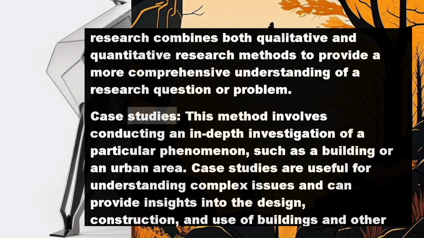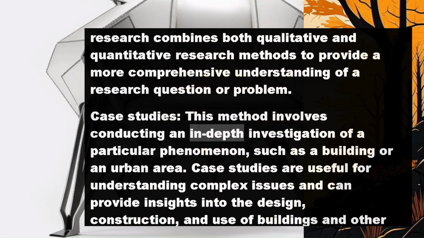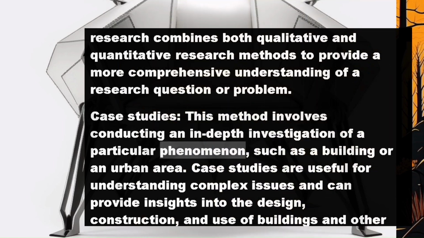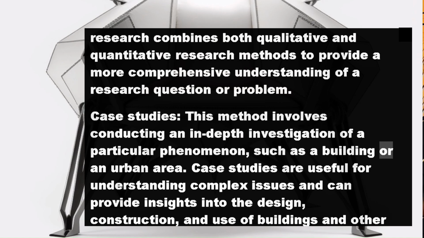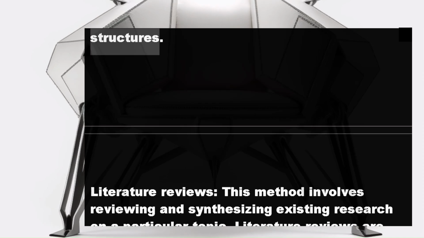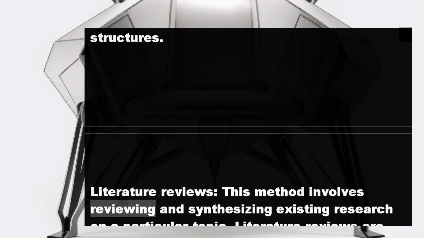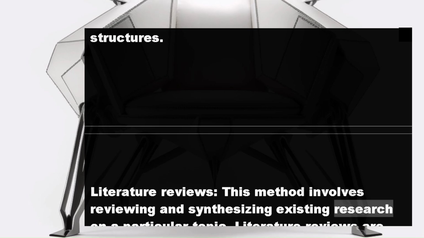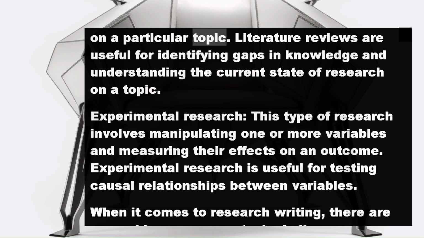Case studies. This method involves conducting an in-depth investigation of a particular phenomenon, such as a building or an urban area. Case studies are useful for understanding complex issues and can provide insights into the design, construction, and use of buildings and other structures. Literature reviews. This method involves reviewing and synthesizing existing research on a particular topic.